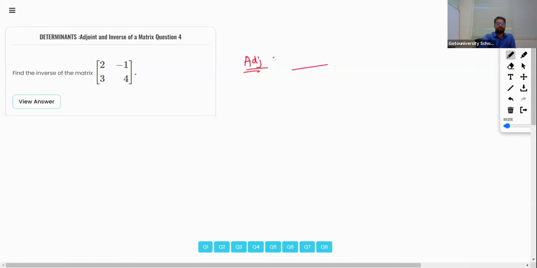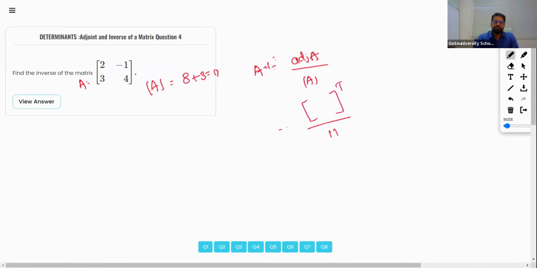What is the determinant of this matrix? Let's assume this as A. So the determinant of this matrix is 4 twos are 8 plus 3, which is 11. So the inverse of this matrix is the adjoint of this matrix divided by this, right? So our determinant is 11. Let's look at the cofactors matrix and then the transpose of that.